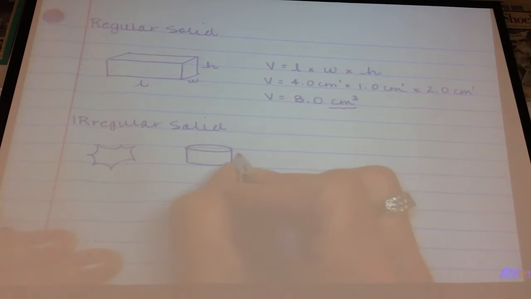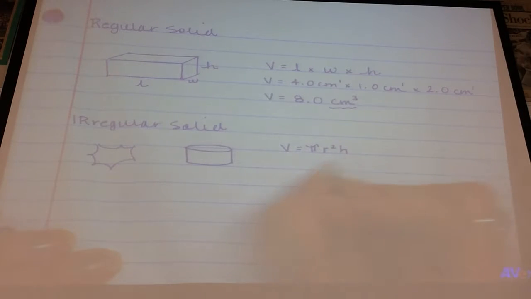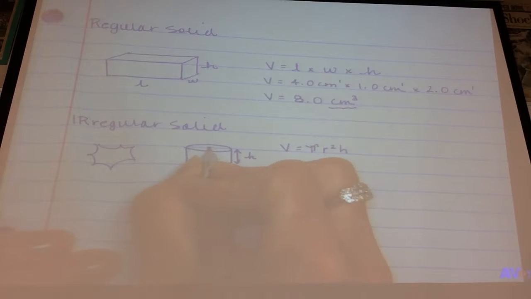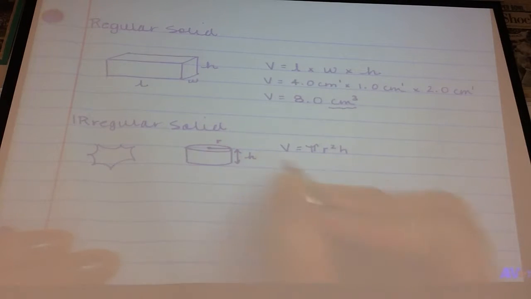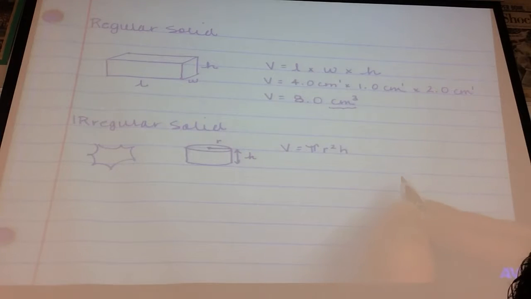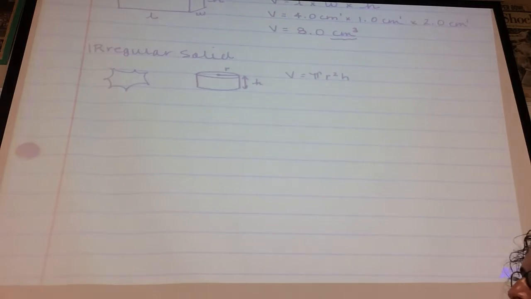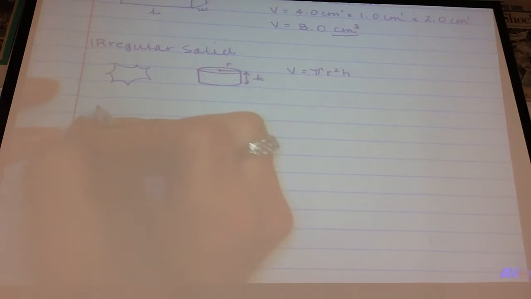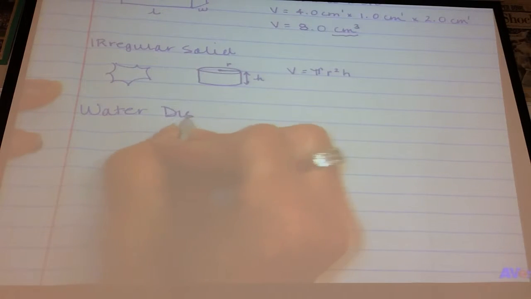For example, if that's a penny, the volume of a cylinder is pi r squared h, so you would have the height, and it would be very tricky to get the height or the radius of a penny, but you could, although your precision would be low. So instead of determining the volume of a penny in this regard, we use a technique known as water displacement.